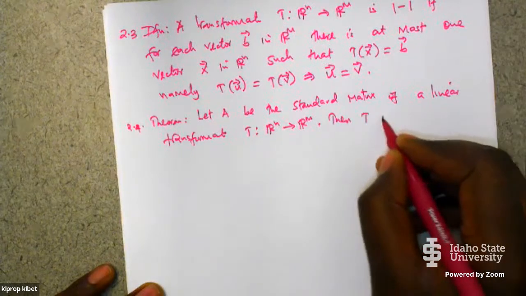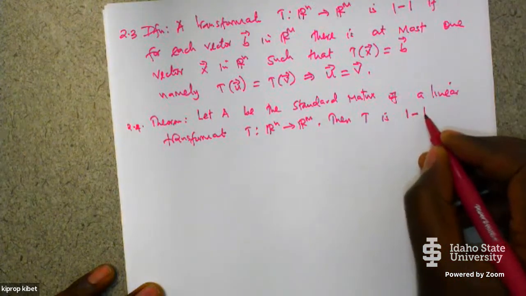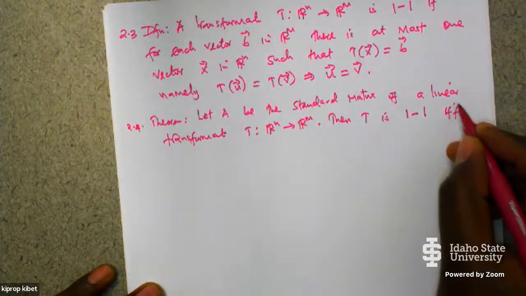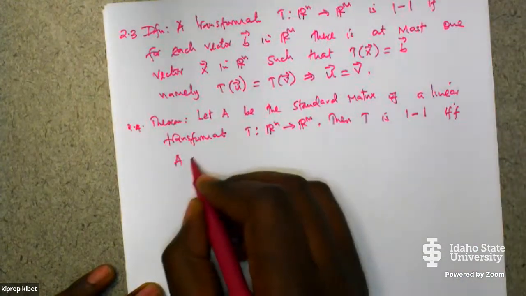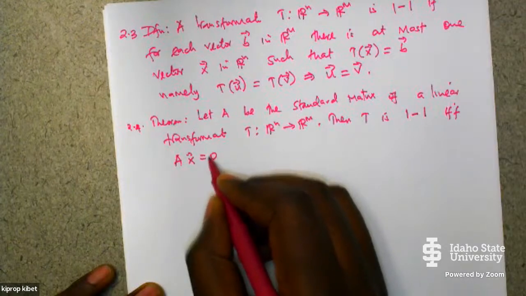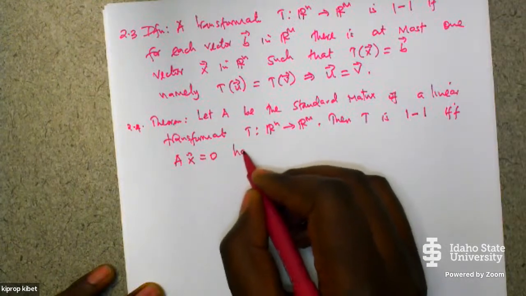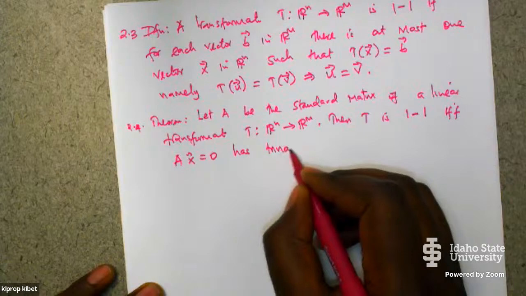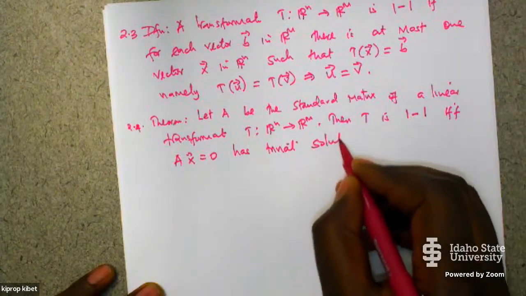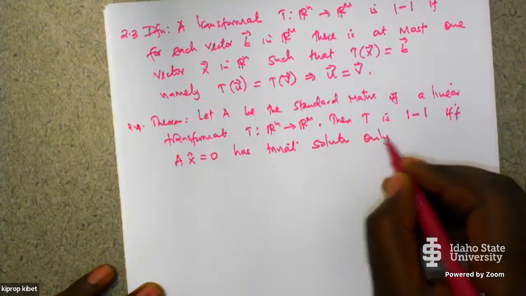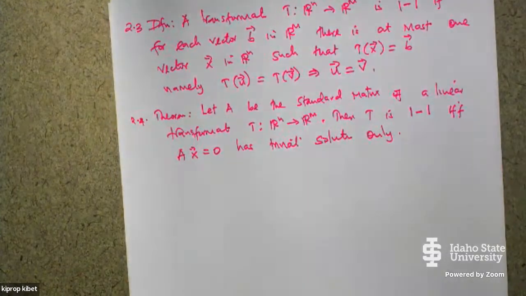Then T is 1 to 1 if and only if Ax equals 0 has only the trivial solution.